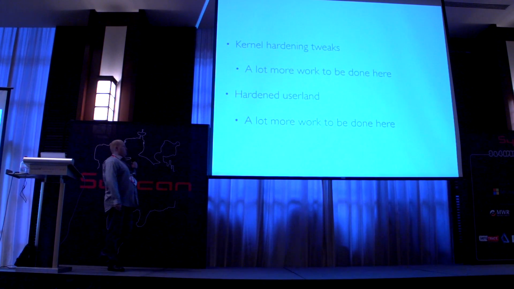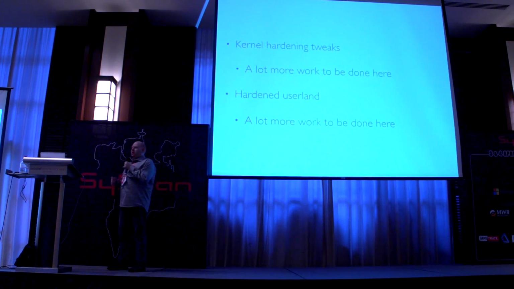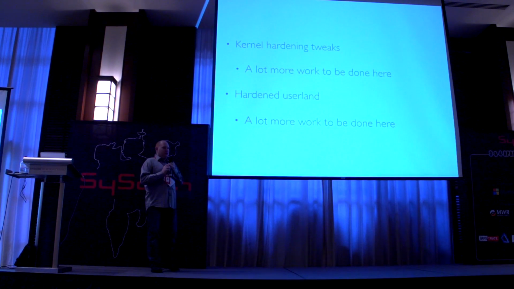There's also a bunch of tweaks that I've done to harden the kernel. So things that I have done include adding more encryption options. The default settings for the kernel tend not to be very good. I've stripped out support for things I don't like, such as NFC and Bluetooth.